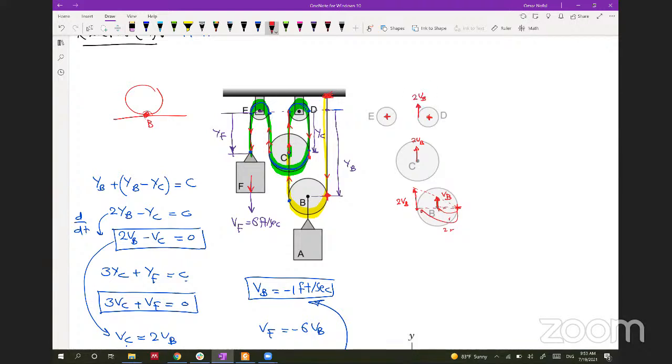And you know that this is an instantaneous center of zero velocity, so you can draw tip to tip and tail to tail. So you will have 2VB here. And this 2VB will go down with the same cable, like this, 2VB. Right now we know the vectors of two velocities on the body, so we can draw another line from tip to tip and tail to tail, and you will be able to know the velocity at the end of this pulley.